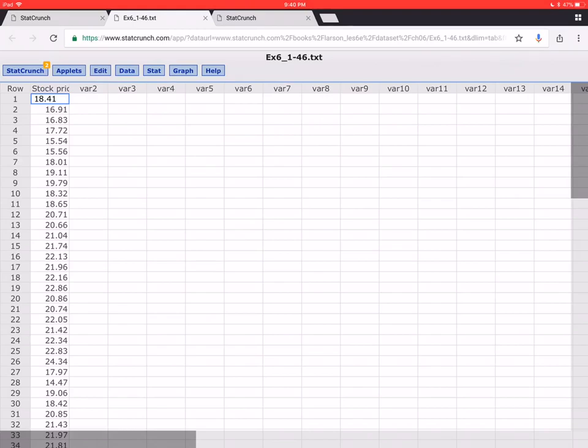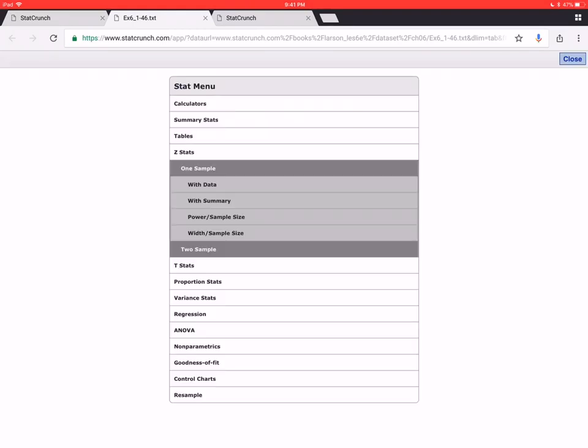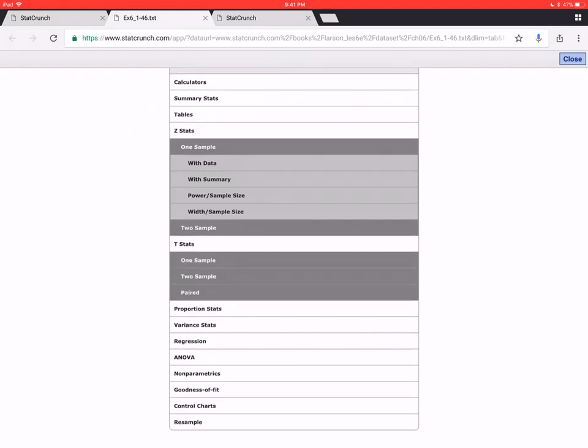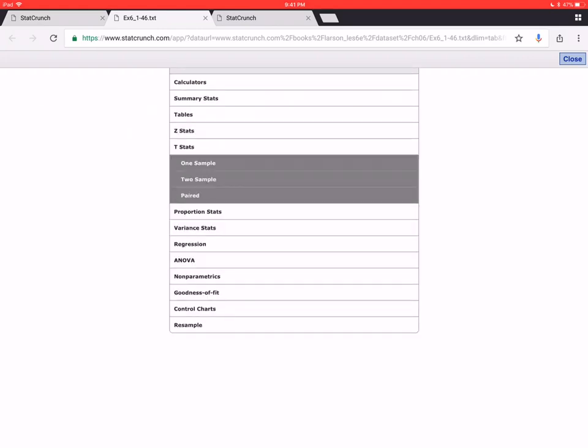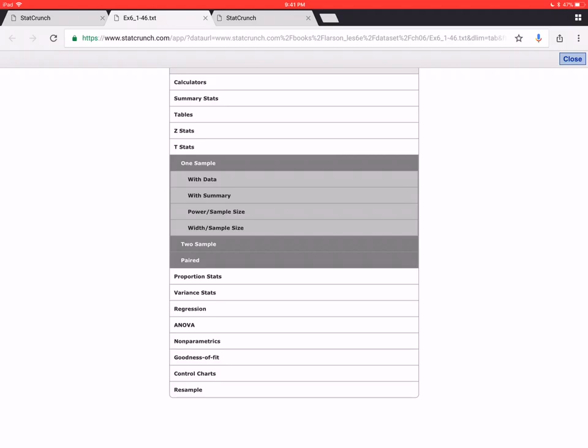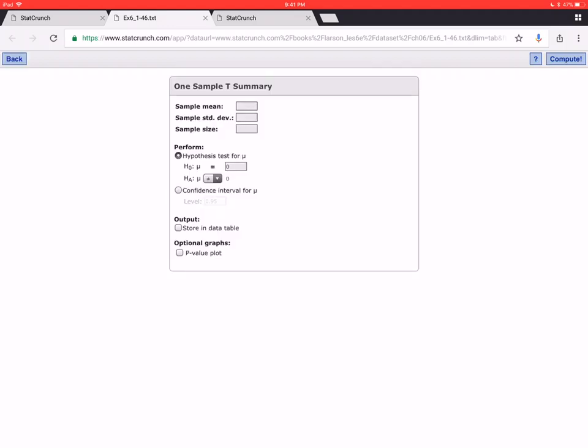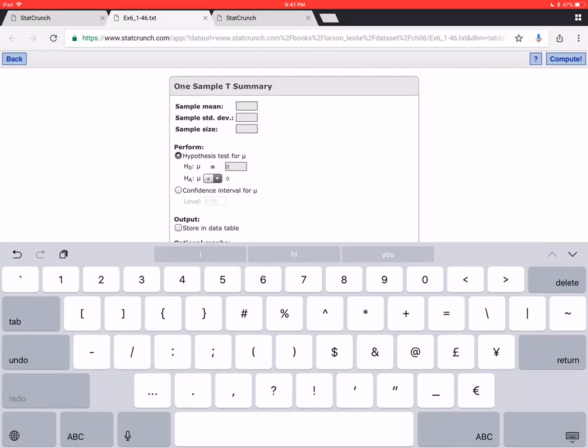All right, so again, when I don't have data, it doesn't matter what's in here. I'm just going to go to stat, but this time I'm going to go to T-stats. All right, I'm done with Z. I'm not using that here. T-stats, one sample, and again, this is done with summary because we have summary statistics. So I'm going to pull the information from my summary. The mean was 22.2.